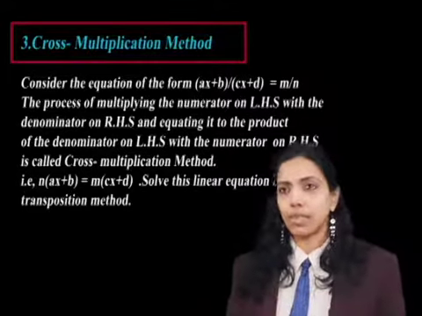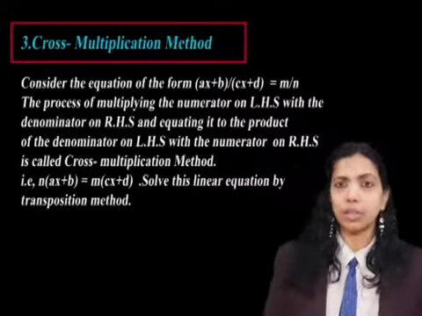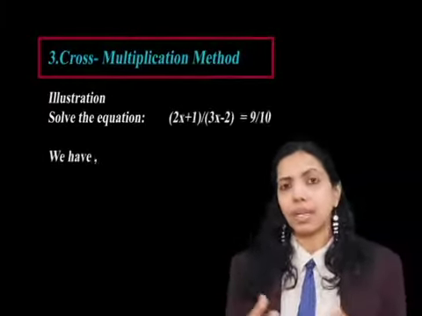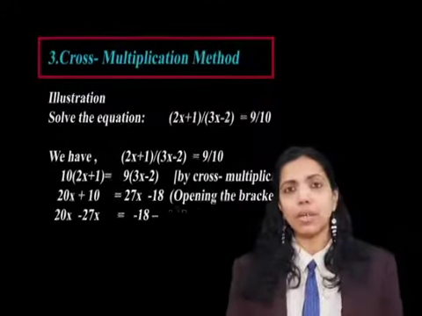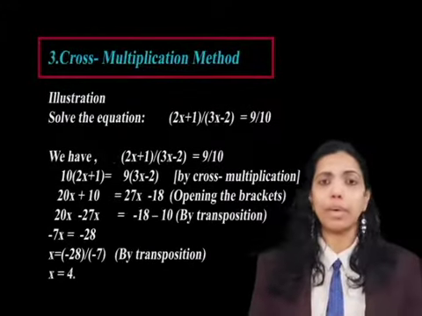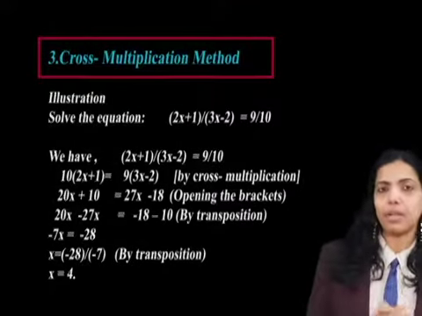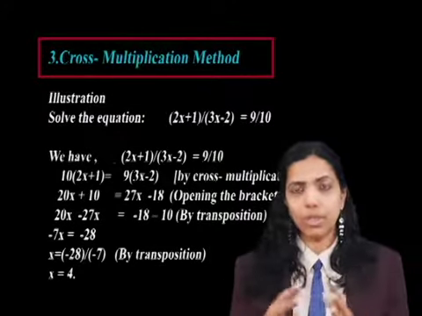Once we got that linear form, we can use any one of the methods, either the transposition method or the balancing one, to get the solution. Let's have an illustration for this one. Solve the equation (2x plus 1) the whole divided by (3x minus 2), which is equal to 9 by 10. So on either side we are having the fraction on both the sides.